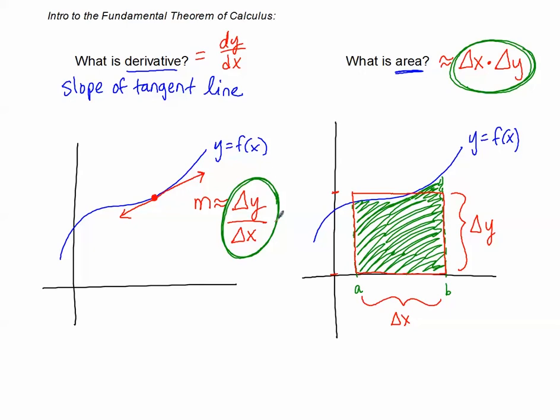In the slope, we are dividing change in y and change in x, and in area, we are multiplying change in y and change in x. Dividing and multiplying are inverse processes. So what else does this tell us? That tells us that the derivative and, well, what's the inverse process of the derivative? That's right, the antiderivative.